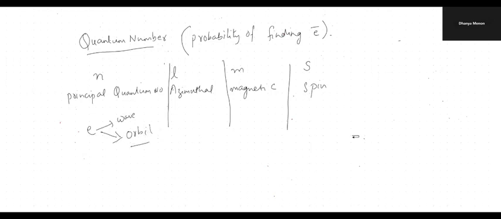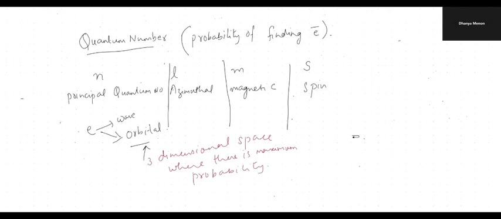Orbital is a three-dimensional space where there is maximum probability of finding an electron. So electron behaves as a wave, and electrons are present where? In orbitals.